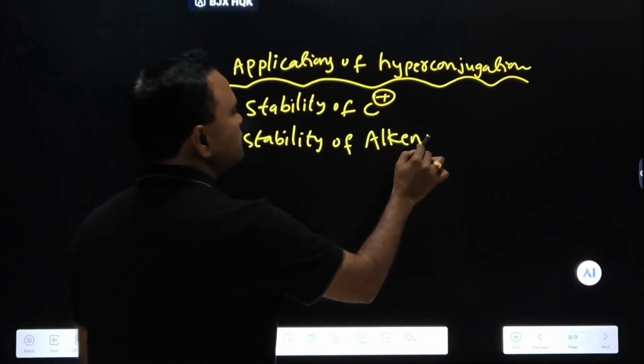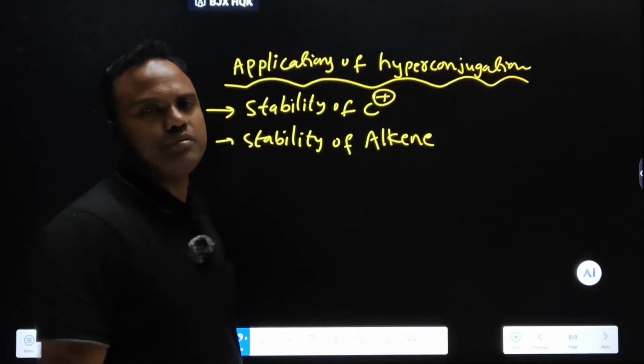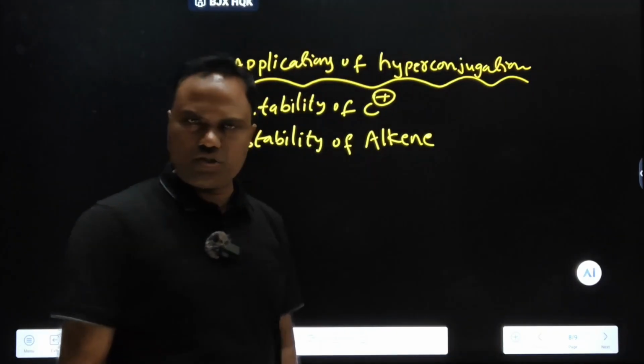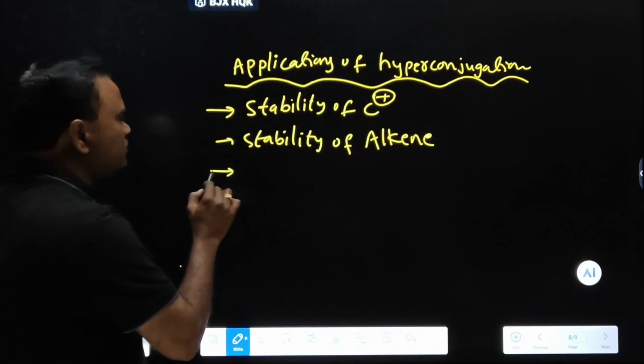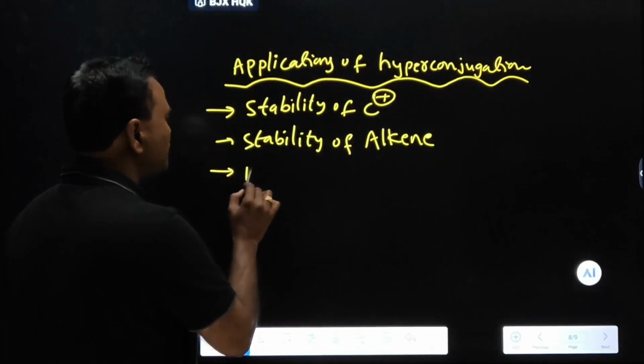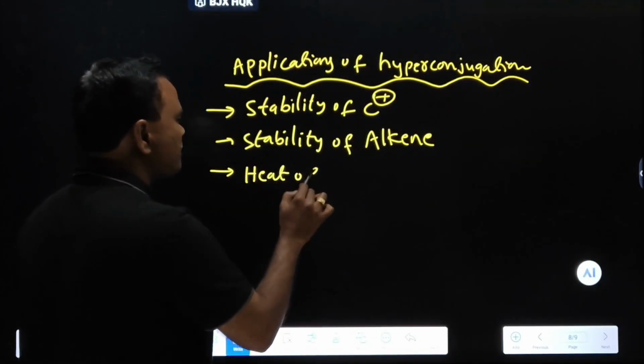The one and only electron displacement which is used to predict the stability of alkenes is hyperconjugation.